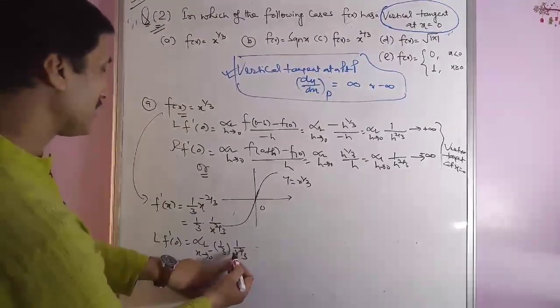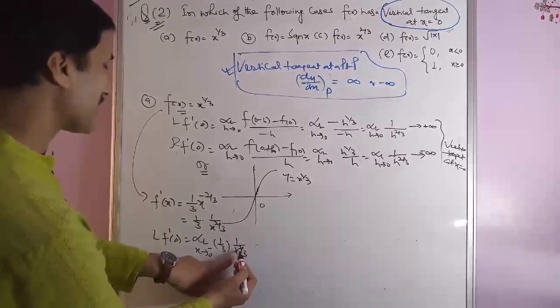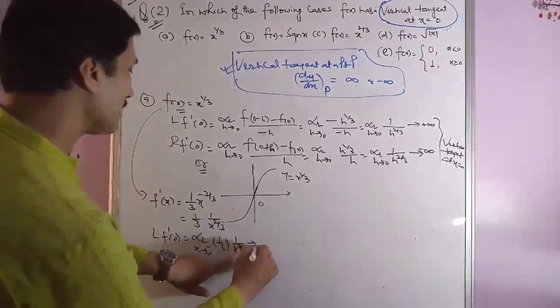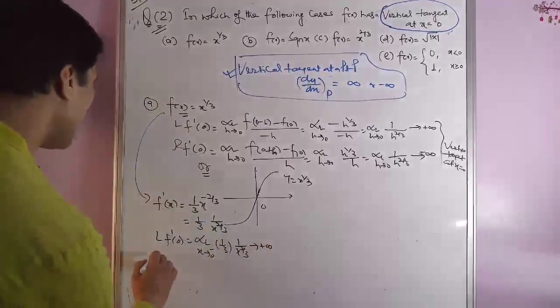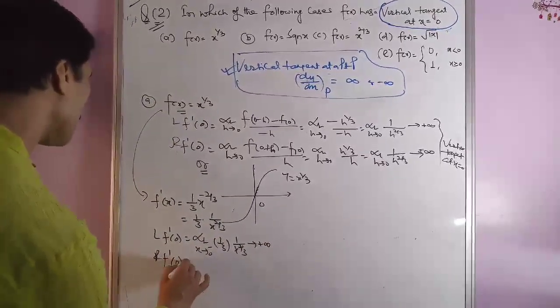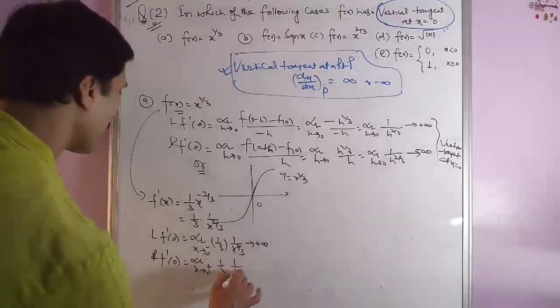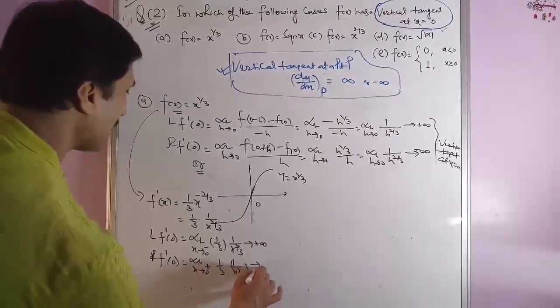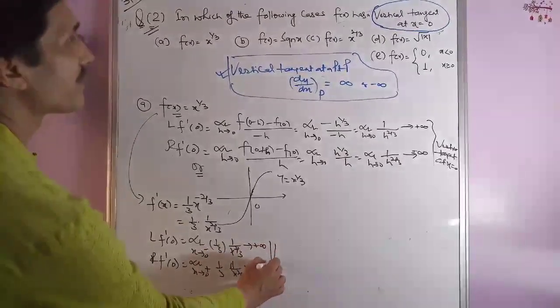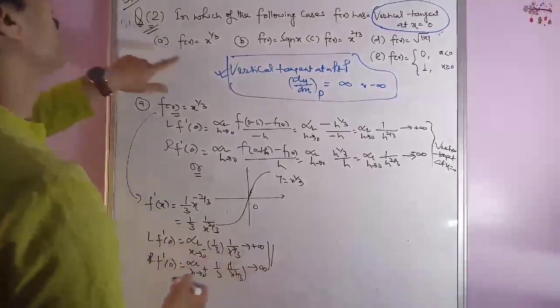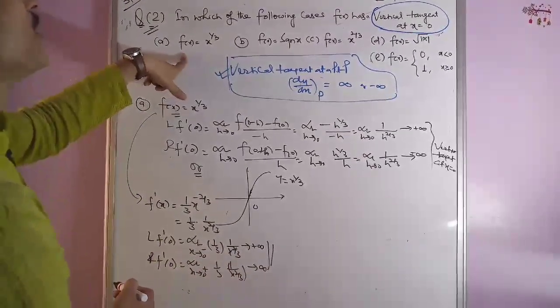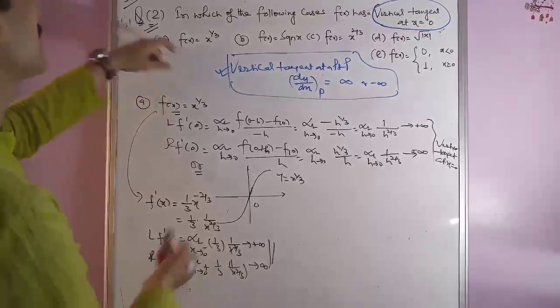So this tends to 0 from the right, 1 by 0, this is plus infinity, and R f dash 0, limit x tends to 0 plus, 1 by 3, 1 upon x to the power 2 by 3, again tends to plus infinity. So in the first case we have a vertical tangent at x equal to 0.